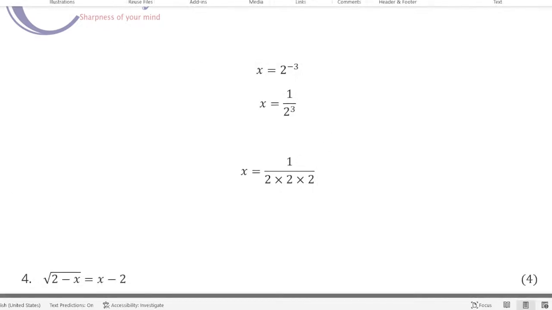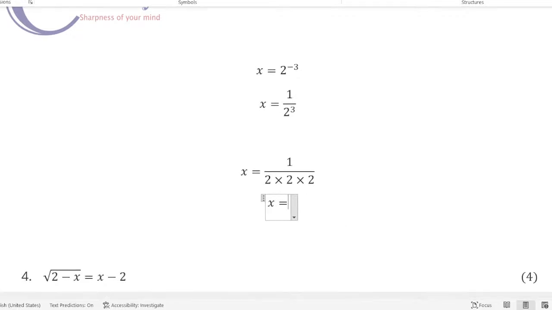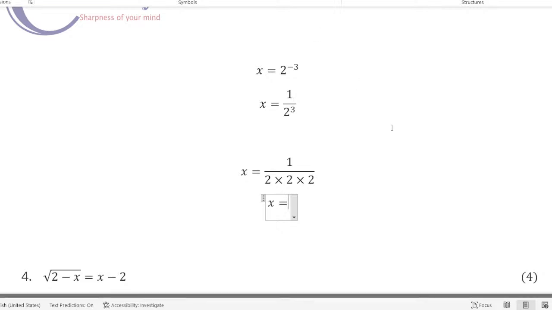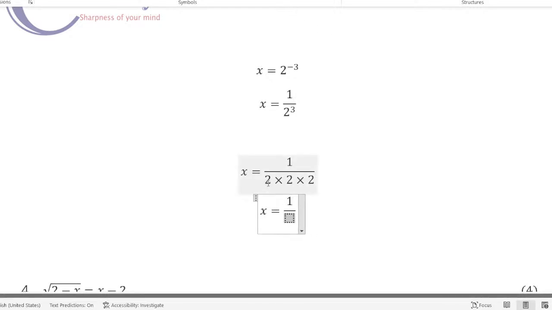Therefore, our final answer will be x is equal to 1 over 2 times 2 times 2. 2 times 2 is 4. 4 times 2 is 8. So the final answer will be x is equal to 1 over 8. So this will be the final answer.